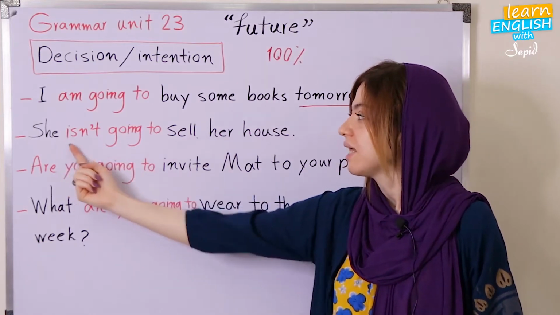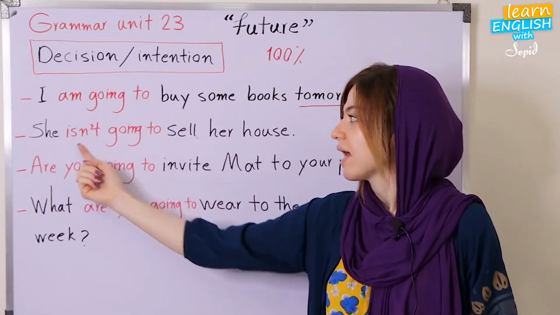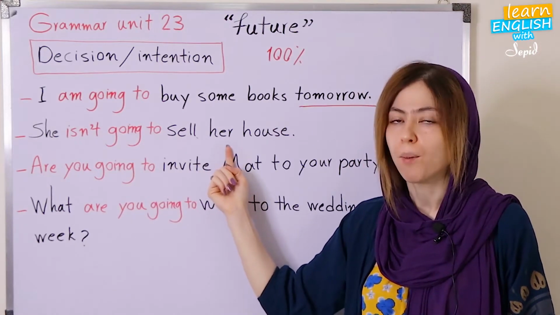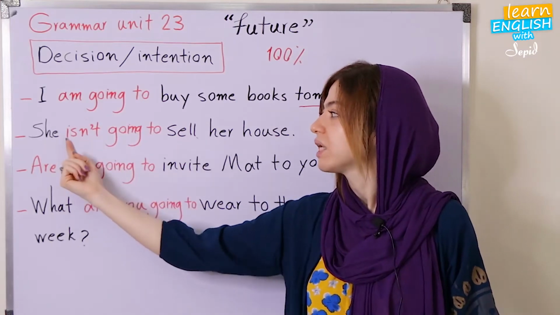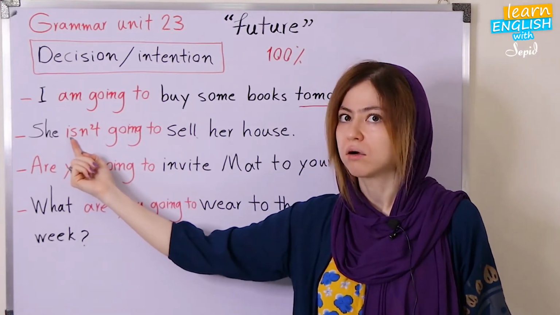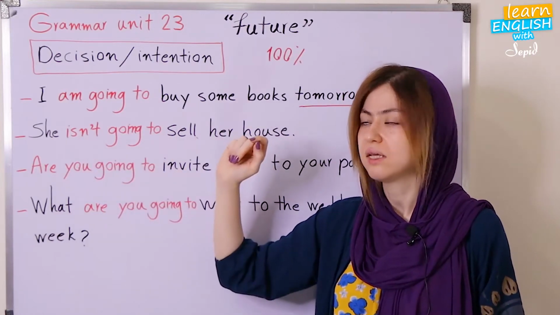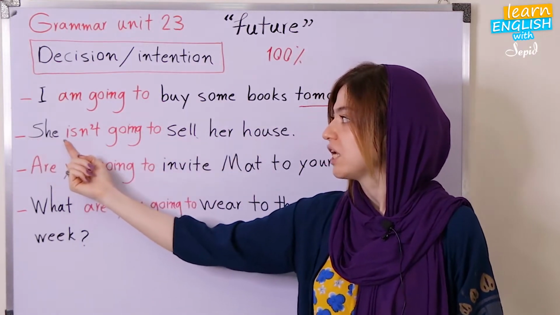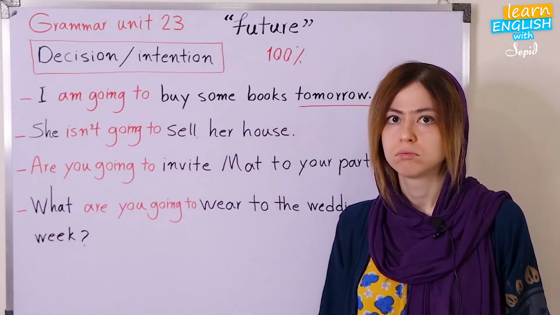So let's go. Here, this is the negative form. Okay, the second sentence has been written in negative form. For the negative form, we can use am, is, are plus not, in order to make the sentence negative. She isn't going to sell her house.